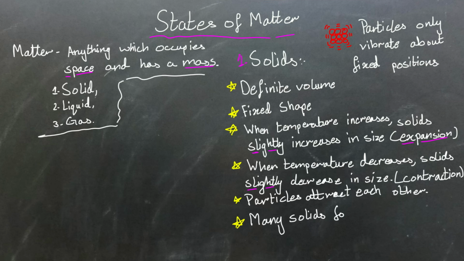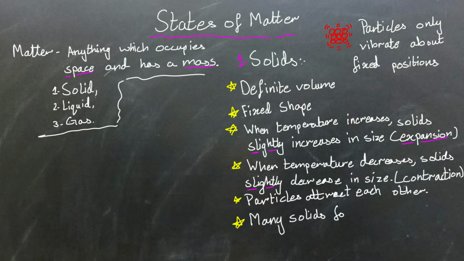Liquid. A liquid has a fixed volume at a given temperature. But, unlike solids, liquid takes the shape of the container it is poured into. Similar to solids, the volume of a liquid is slightly affected by changes in temperature.